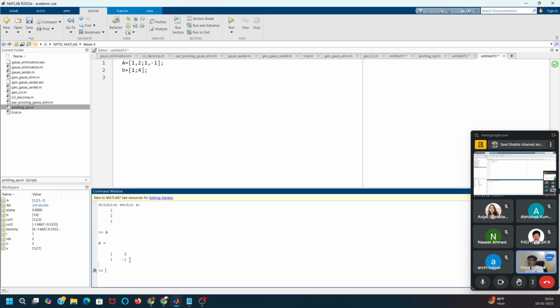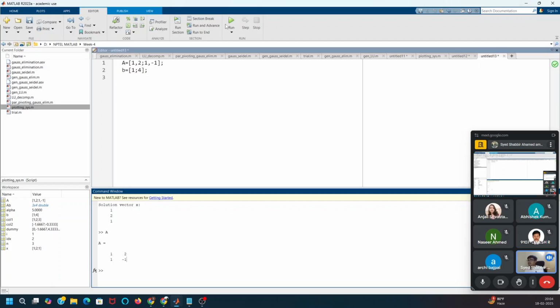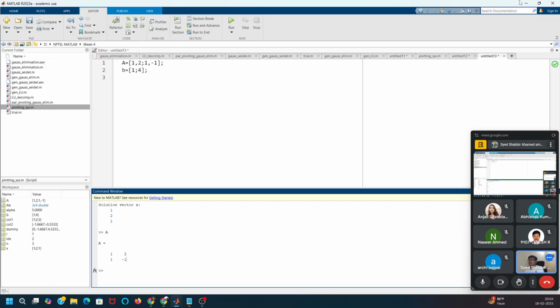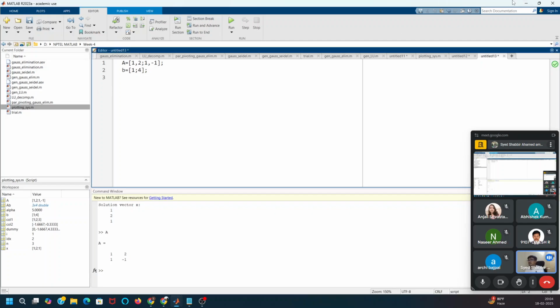So it will give you convergence. That's why diagonal dominance is a sufficient condition, not a necessary condition. Sometimes you might get a solution even if you don't have diagonal dominance.